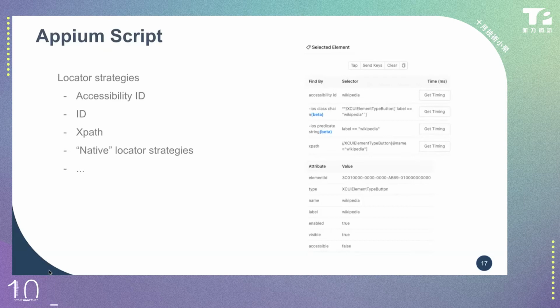Now, there are also native locator strategies. Those are basically locator strategies that only work on a certain platform, like, for example, an iOS class chain or an iOS predicate string or an Android UI Automator locator. They are, as the name suggests, platform dependent, so you can only use them on iOS or only on Android. The big benefit for them is usually that they're very performant, so they're very quick at finding an element.